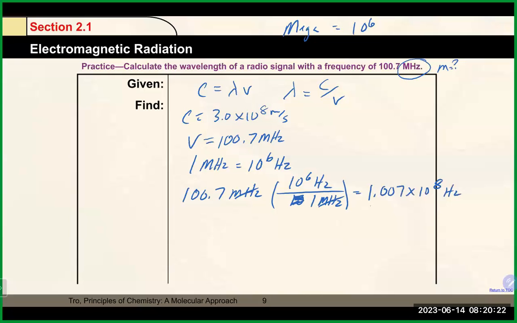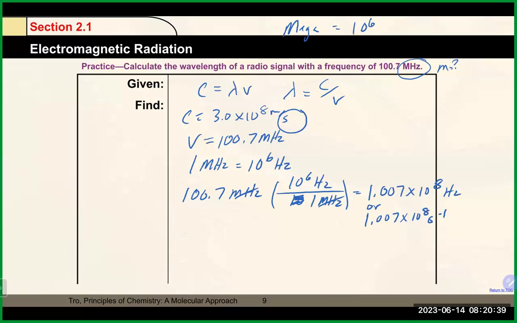That is also the same thing as 1.007 times 10 to the 8 reciprocal seconds. So again, they are basically the same thing. At this point, I have it in the right units so that it will cancel out correctly with the seconds in our speed of light.